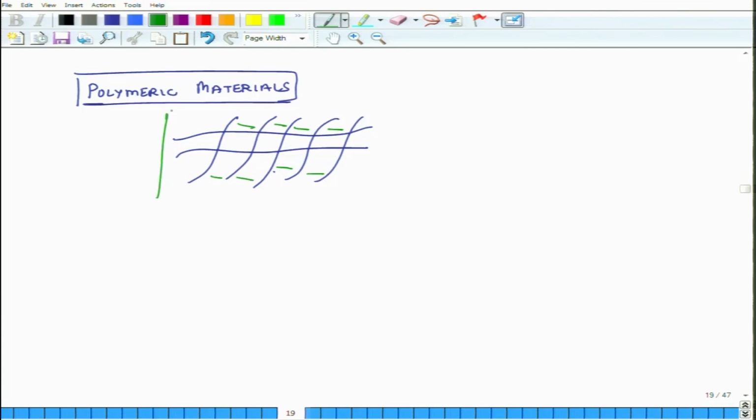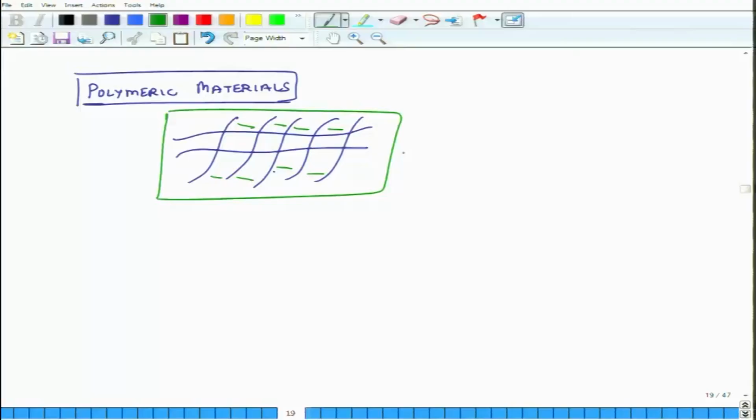So, this is the overall material, and it is made up of a crisscross of a lot of chains, and these chains are connected to each other through weak forces, forces which join different chains to each other. So, that is how the polymeric material is in the bulk situation.